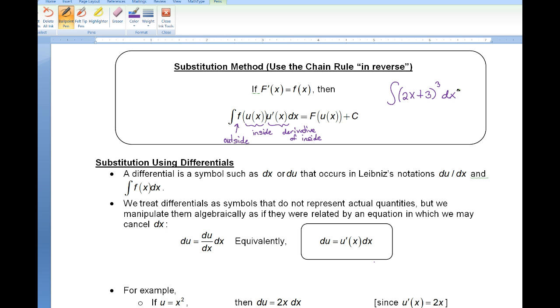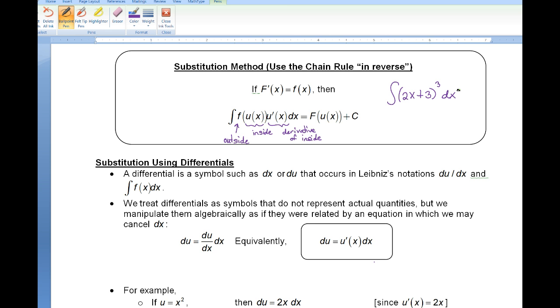This is a composition of functions. What's on the outside? The outside is the cube, and what's on the inside? 2x plus 3. So we can't just say this is going to be 2x plus 3 to the 4th divided by 4. We can't say that any longer because the derivative of the inside is not equal to 1.